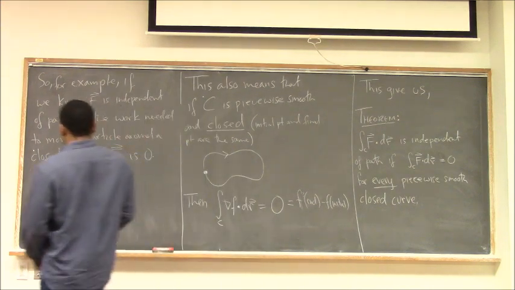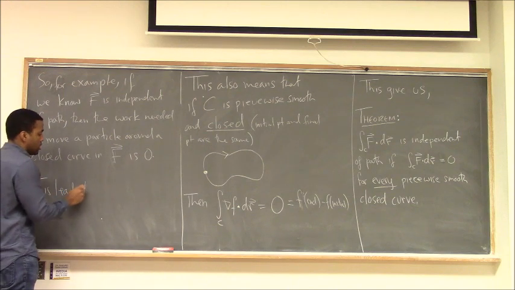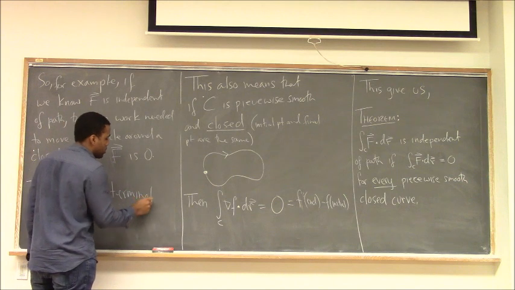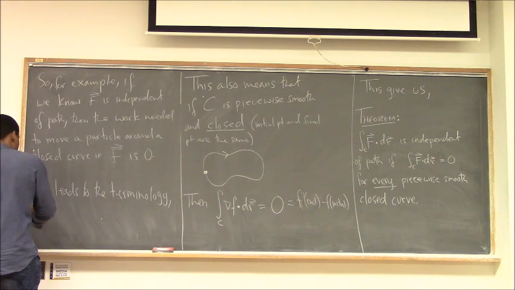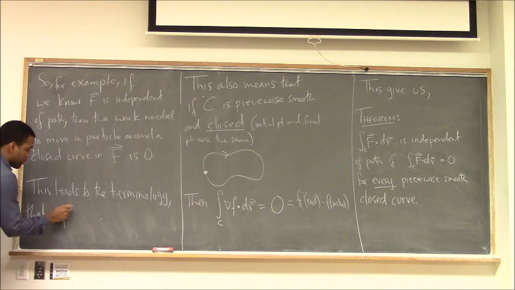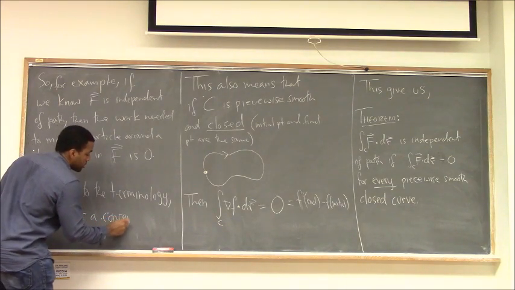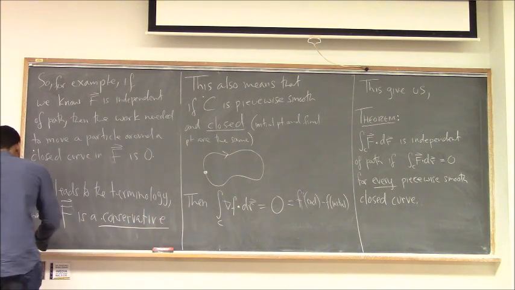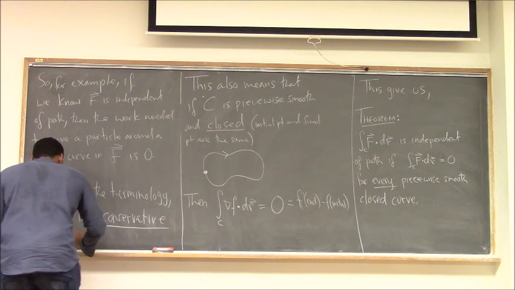This leads us to another terminology, which I've actually introduced before. That says F is a conservative vector field, because it conserves work, it conserves energy.